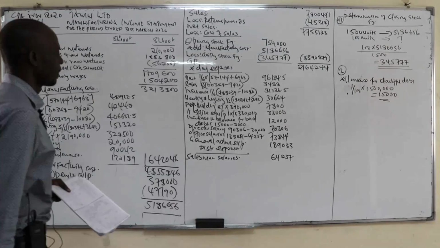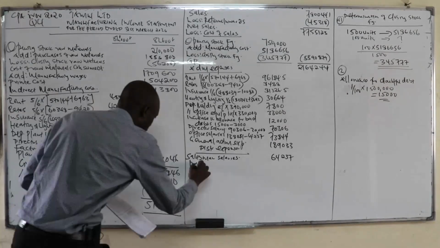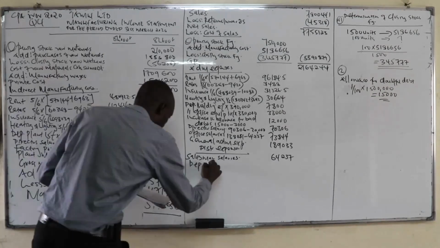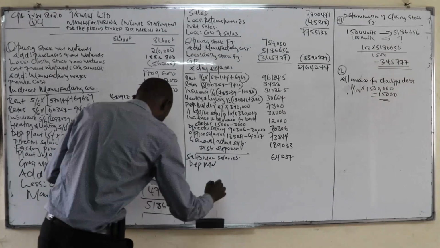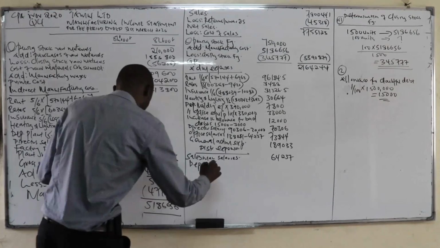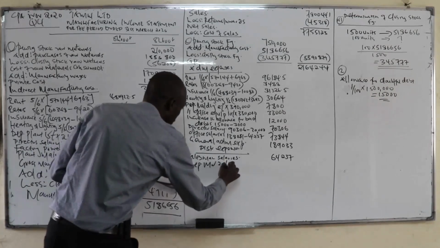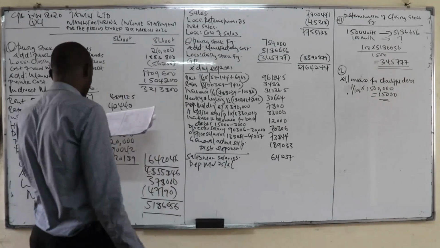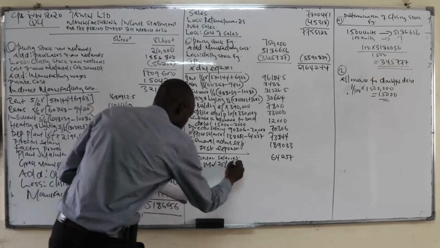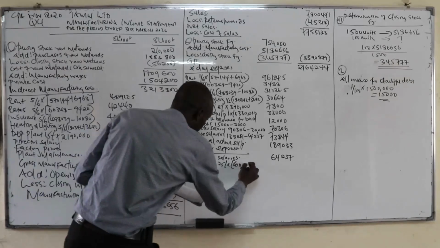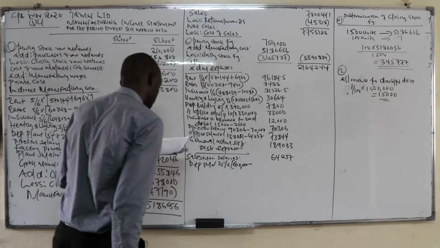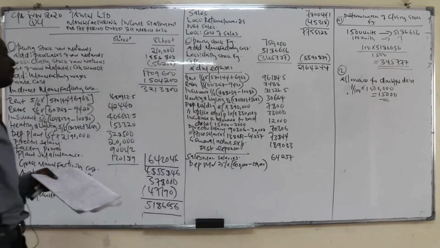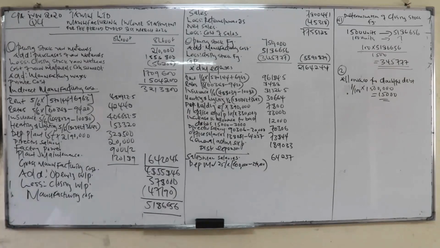And then we have depreciation, motor vehicle, which is 25%. The cost is how much of the motor vehicle? 600,000, and then you deduct 240. That is a reducing balance, isn't it? So how much do you get? 150.